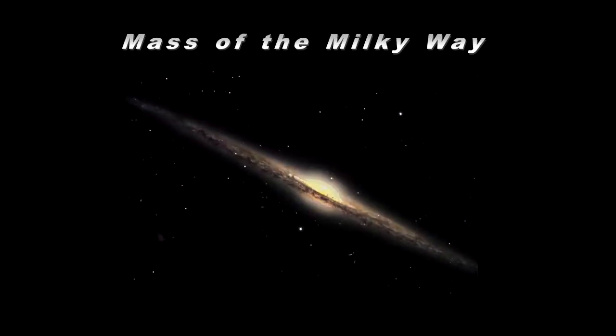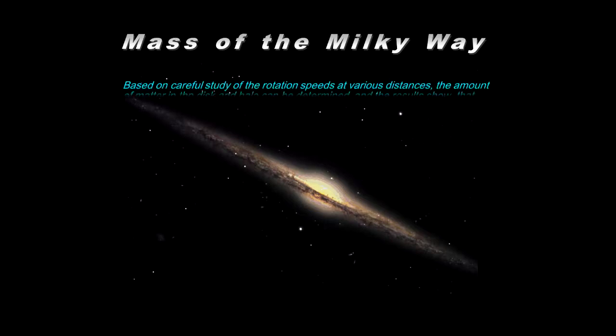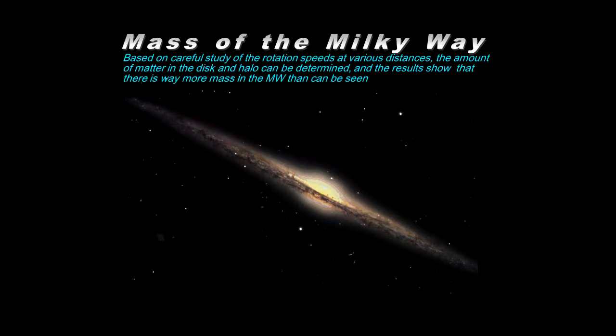And this is what is known as dark matter. So these galaxy rotation curves, what we just looked at, the orbital speed versus distance, inform us about additional mass that we need to account for. The matter in the disk and the halo can actually be determined based on those orbital characteristics.